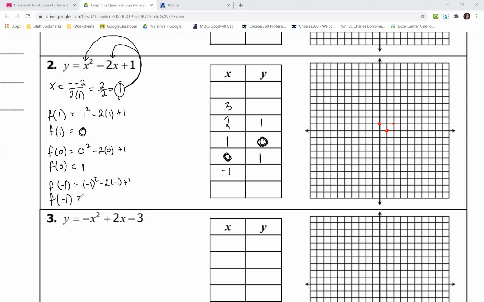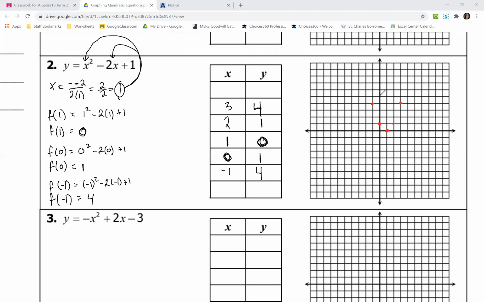Be careful with these negatives. -1 squared is a positive 1. Negative times a negative is a positive. So +1 plus +2, that's 3, plus 1 is 4. So that's down here, and since we're symmetric, this will also be 4. So I'm going to plot this point. I've got 1, 2, 3, 4. It will also be 4 right here.